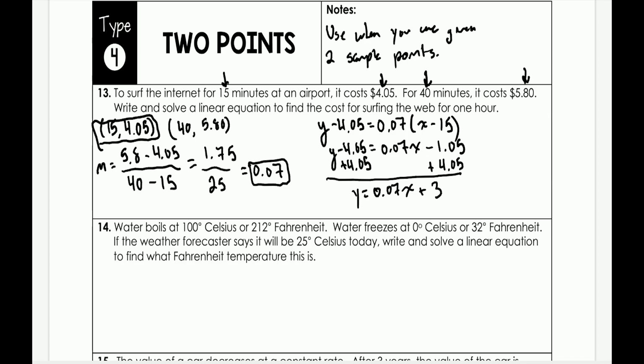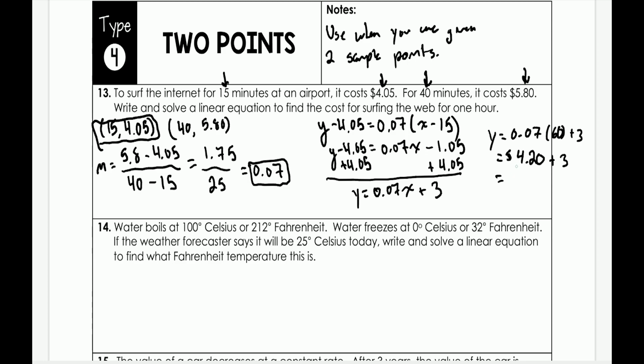So if we read this problem, let's figure out what the last part of the question is asking us. And it is to find the cost for surfing the web for 1 hour. So in order to find that, 1 hour is equivalent to 60 minutes. So let's change x into 60. So we have y is equal to 0.07 multiplied by 60 plus 3. 0.07 multiplied by 60 gives us 4.20 plus 3.